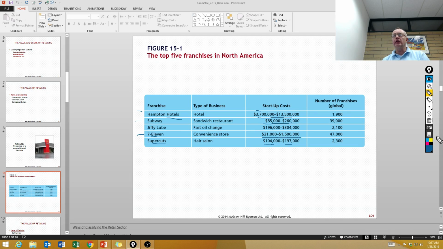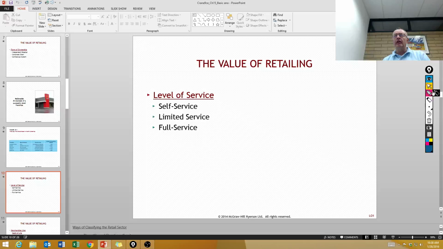Okay, so another way we can classify retailers is by level of service. At the low end of the scale, we have the self-service type businesses. Examples of this we know are self-serve gas stations. Sometimes when you go to building supply stores, there's no sales help.